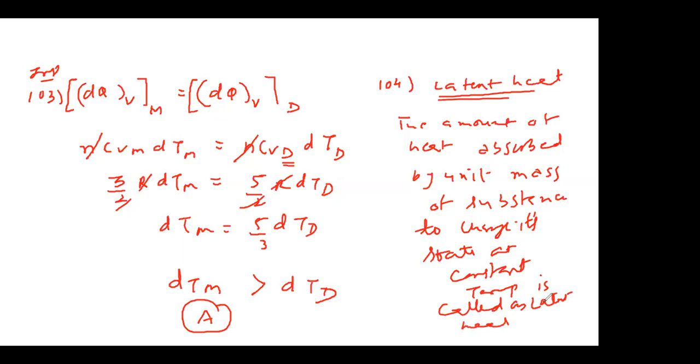Amount of heat absorbed by unit mass of substance to change its state at constant temperature is called latent heat.